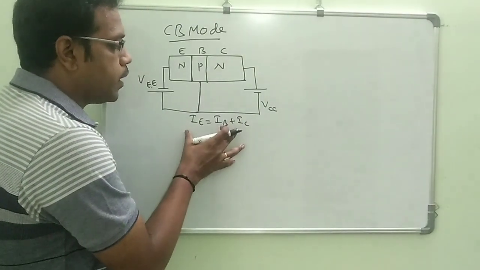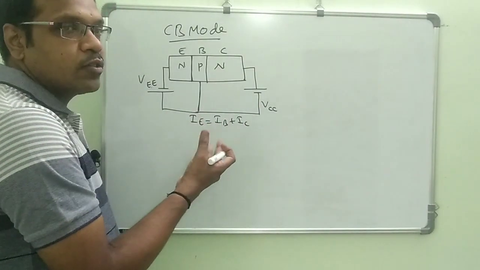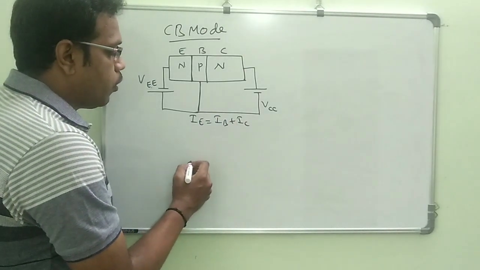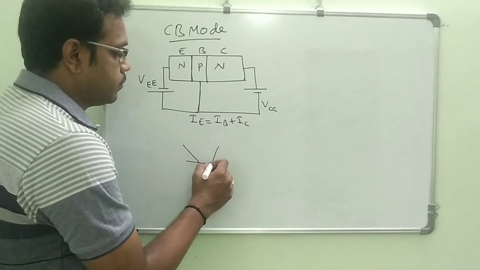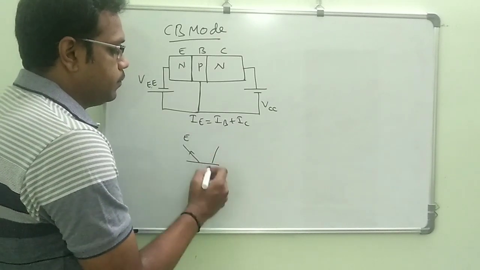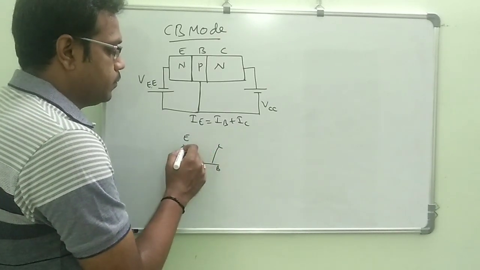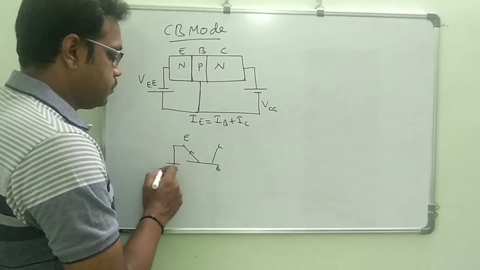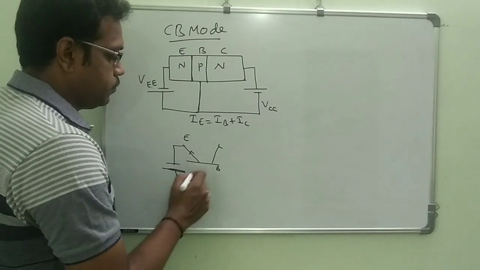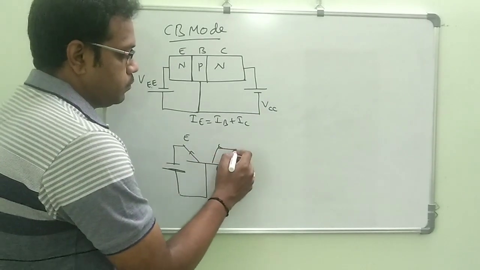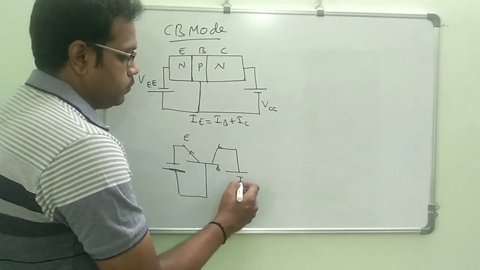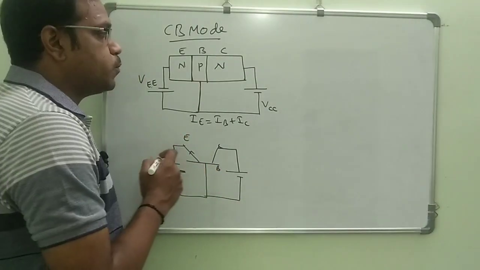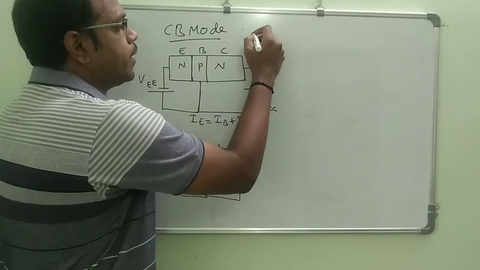If you want to draw this diagram in transistor manner also, you can draw it, no problem. We can draw it like this: emitter, base, collector. Like this also we can draw. This is common base mode where you will get the current gain.